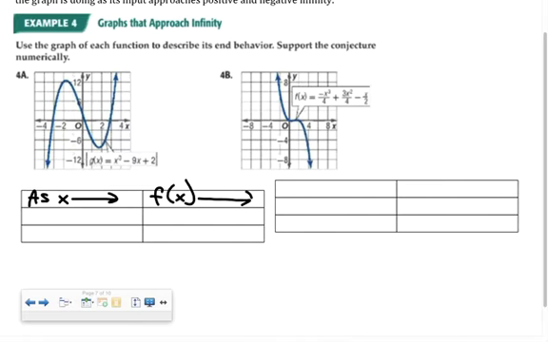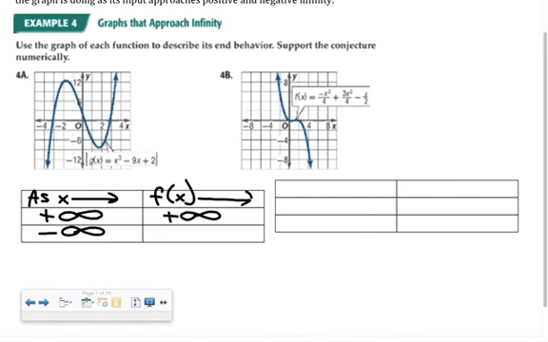So what I'm looking at is, as x approaches positive infinity, in other words, as x goes further and further to the right, my function values appear to be also going to positive infinity. Because as I go further and further to the right on my graph, I'm also going further and further up in my graph. And so I look at the graph in the opposite direction.